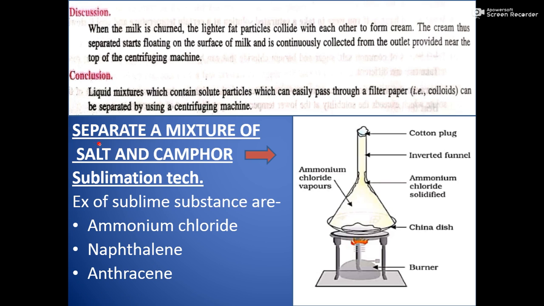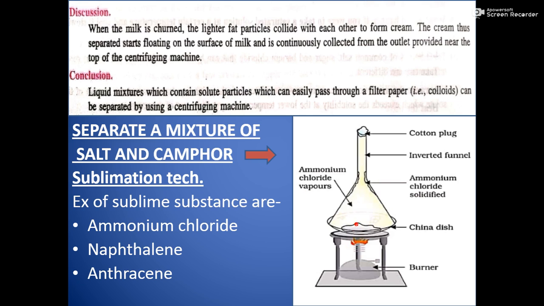Now the next technique: separating a mixture of salt and camphor, the sublimation technique. You can take common salt, and camphor, we all know, has the ability to convert from solid into vapor. This technique is known as sublimation. We have already discussed it in the first chapter.